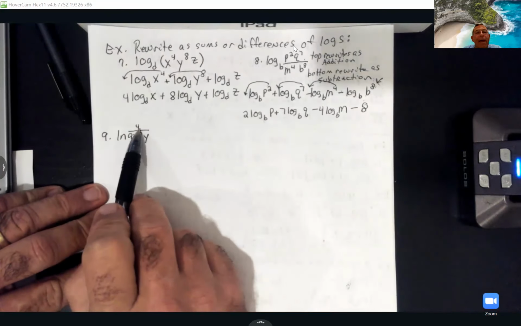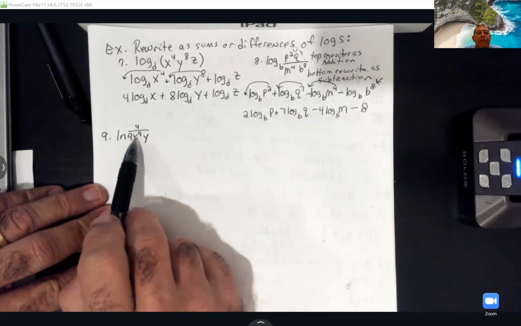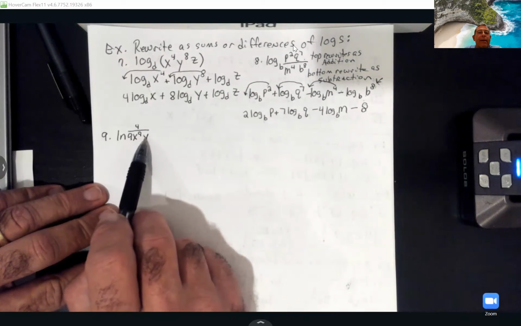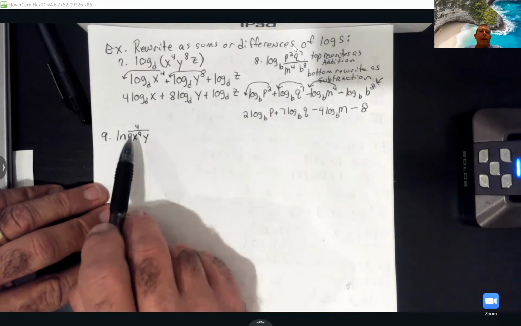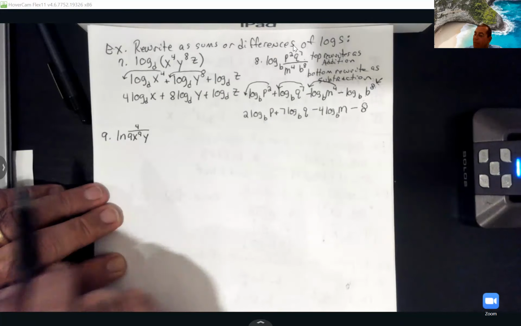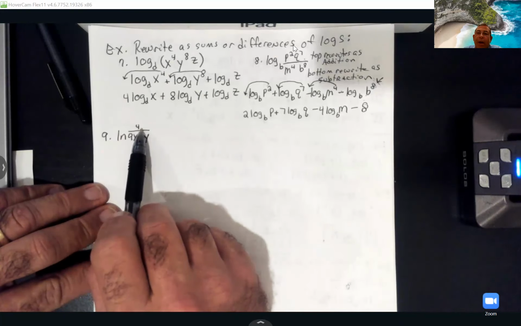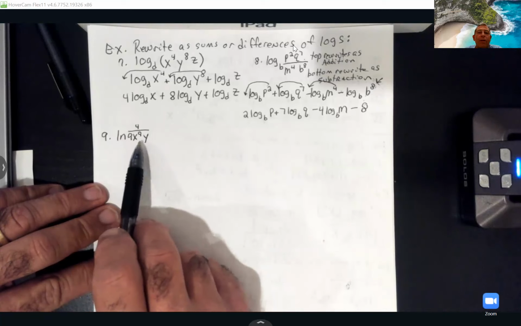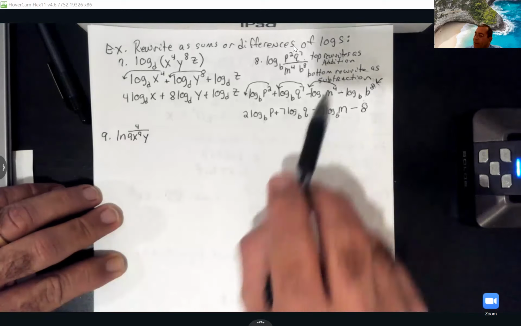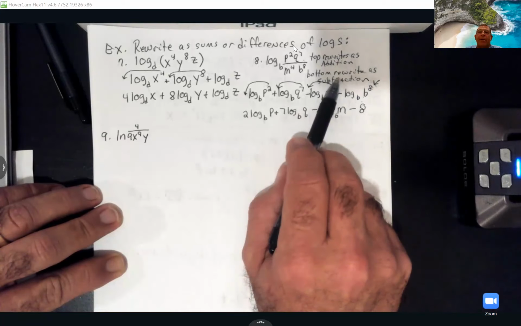So I got one factor on top, 3 factors on the bottom. I got the 9, the x to the 9th, and the y. I'm going to distribute the ln to all the factors. And remember, the top factor will be positive. All 3 of these factors on bottom will be negative. So I follow that every time, okay?